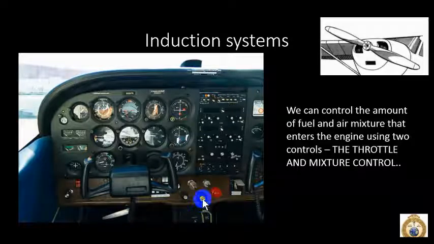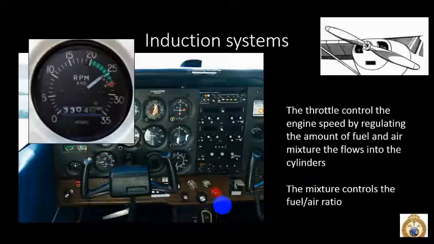We have a throttle here, and we have a mixture. The throttle controls engine output, and I can lean the mixture when I go into higher altitudes as the air gets less dense. We're going to talk about that a little bit later. The throttle controls the engine speed by regulating the amount of fuel and air mixture that flows into the cylinders.